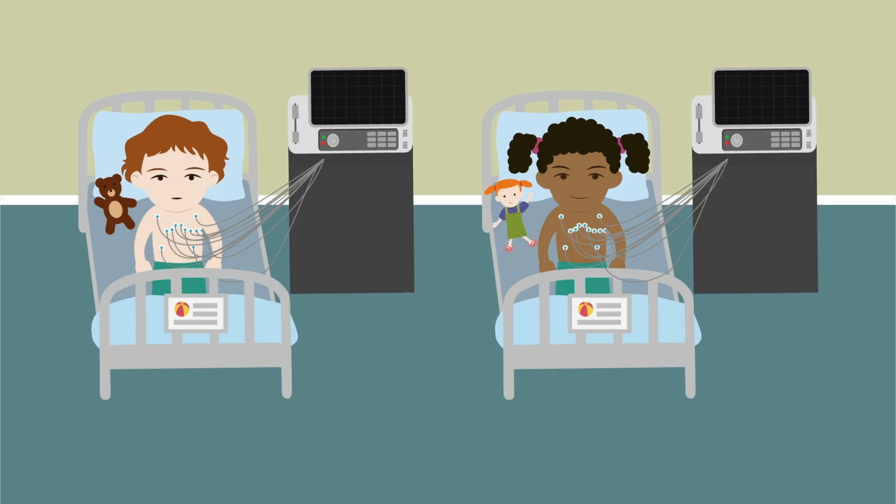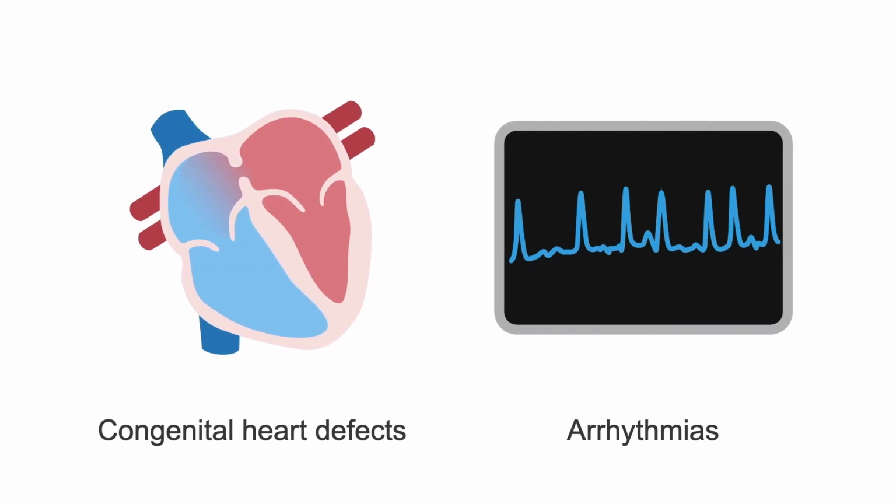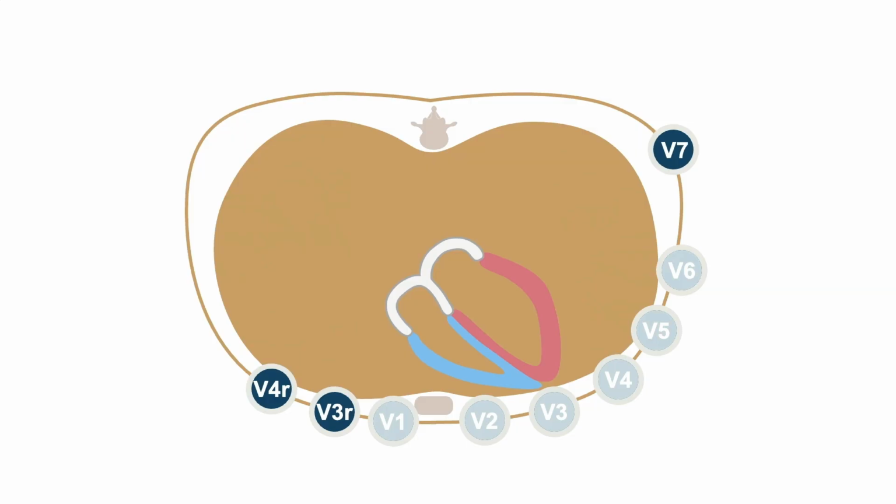This is particularly valuable in pediatric patients with unique or developing cardiac physiology, including those with congenital heart defects, suspected arrhythmias, or conditions such as right ventricular hypertrophy or ischemia. These additional leads provide a more comprehensive view, helping to detect subtle abnormalities in the posterior or lateral walls that might otherwise be overlooked.